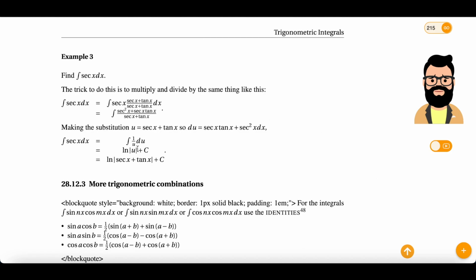Then you can make the substitution u equals sec x plus tan x, so that du equals sec x tan x plus sec squared x dx. This simplifies the integral to the integral of 1/u du, which integrates to ln|u| plus c. Substituting back in, you get the final result as ln|sec x plus tan x| plus c.